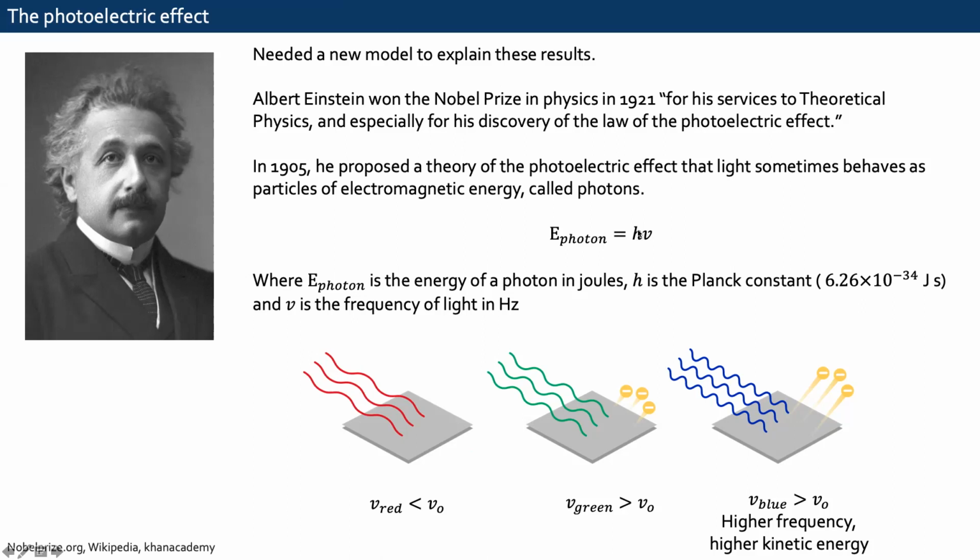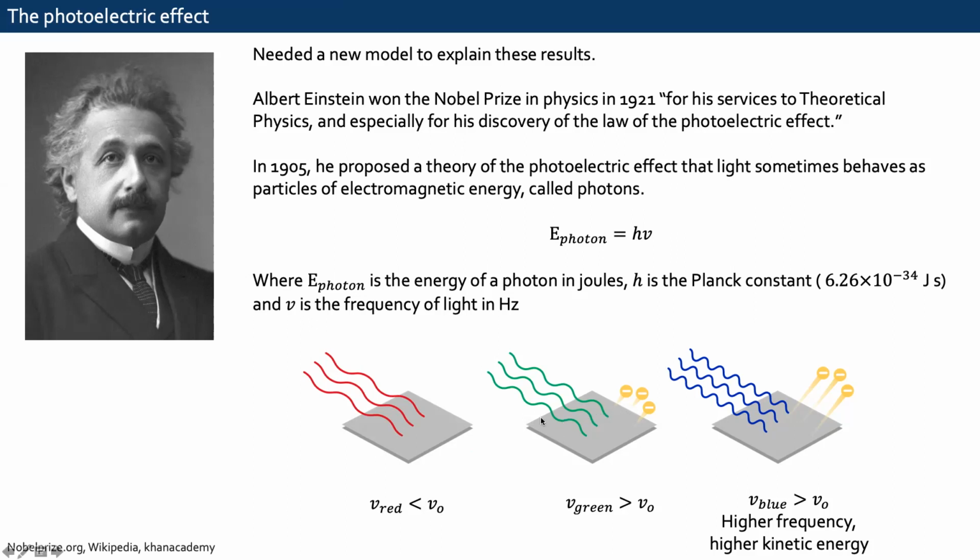And so with this theory of the photoelectric effect, V naught would just be some critical frequency of light. And so if you hit a surface with a frequency that is less than the critical amount, you will not eject any electrons from the surface.